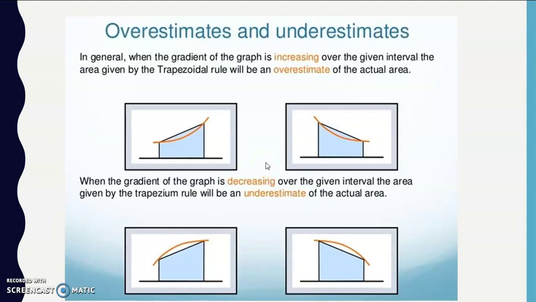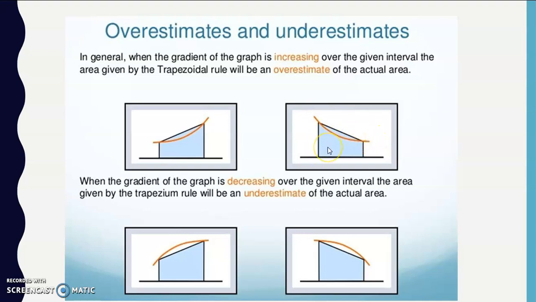Now on the basis of error, we get two types of calculated area, that are overestimates and underestimates. What is an overestimate? When the gradient of the graph is above the actual curve, our calculated area is overestimated. See in this diagram also, the gradient is above the actual curve.